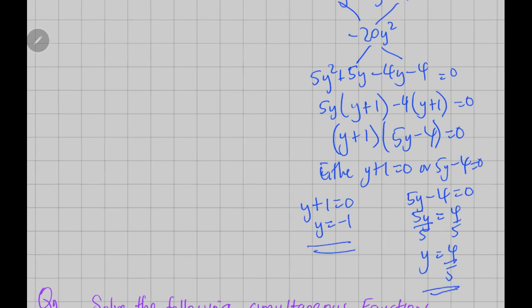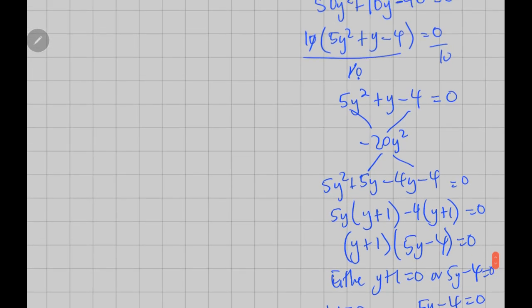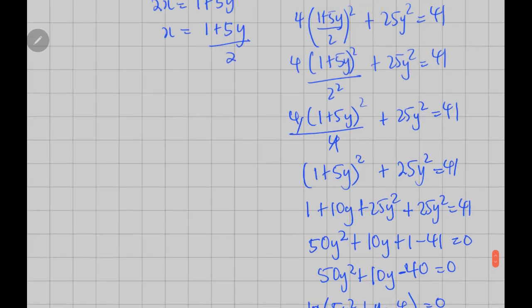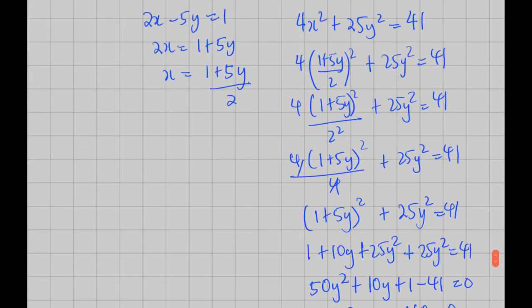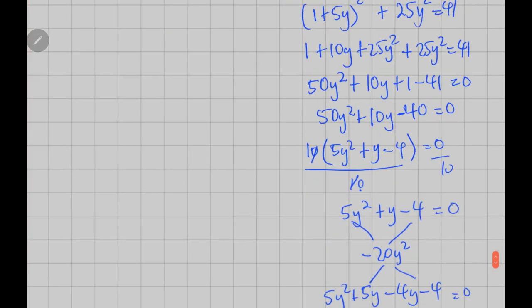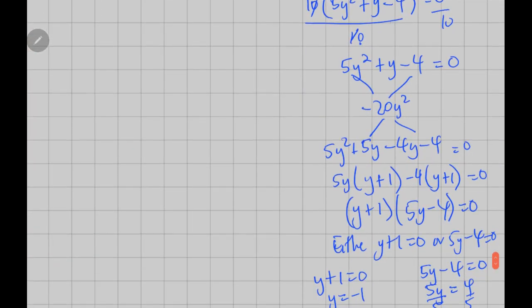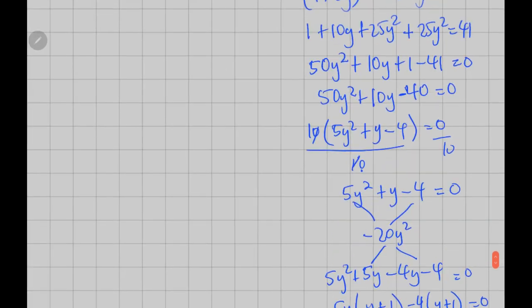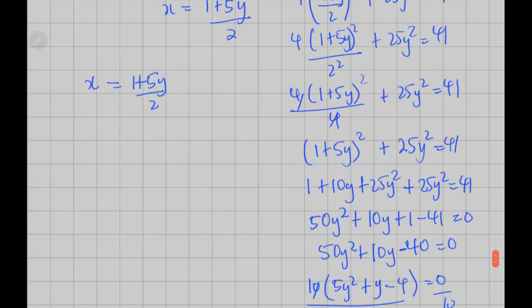So we now know the two values of y. Let's go and substitute these in the linear equation, x is equal to (1 plus 5y) over 2. If y is equal to negative 1, what's the value of x?